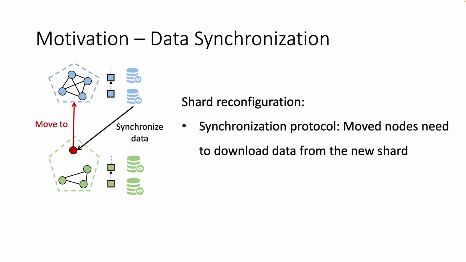Actually, shard reconfiguration is designed to guarantee the security of a sharding system, because in the real world, nodes may suffer from different attacks. One of the most famous attacks is called the adaptive attack.